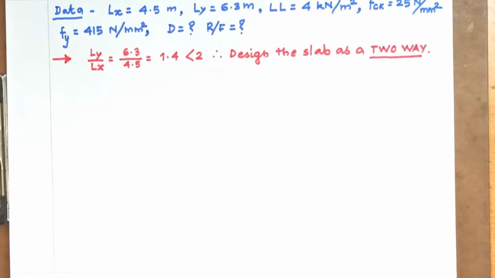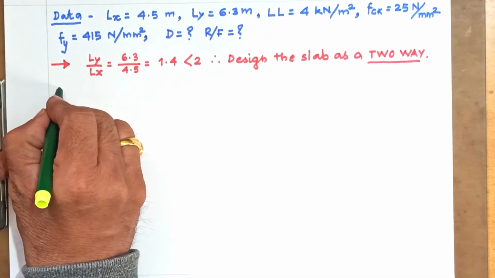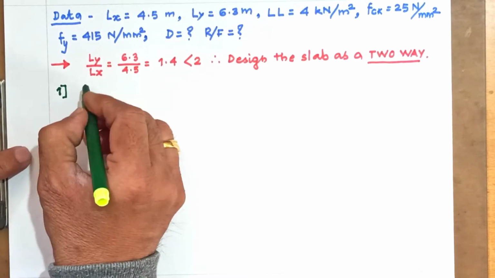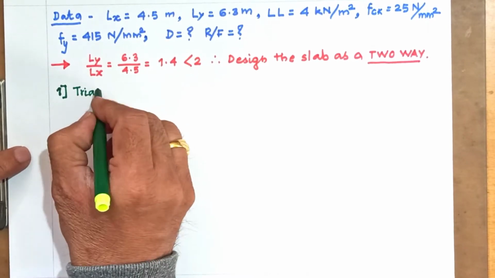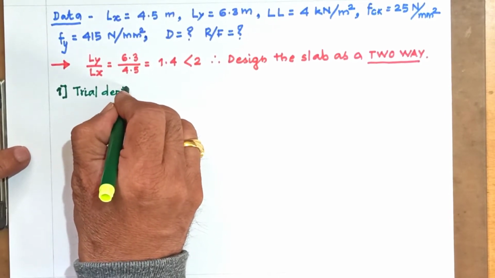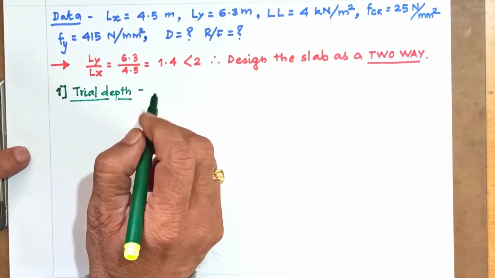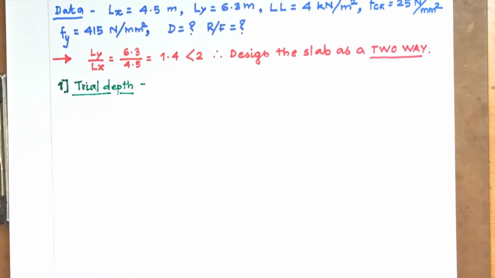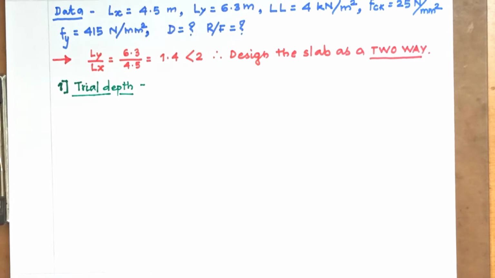Now, let us start with our steps. Step number 1, trial depth. Now in one-way slab, I have already shown you the page in IS where it is given that the basic L by D ratio for simply supported slab is 20.